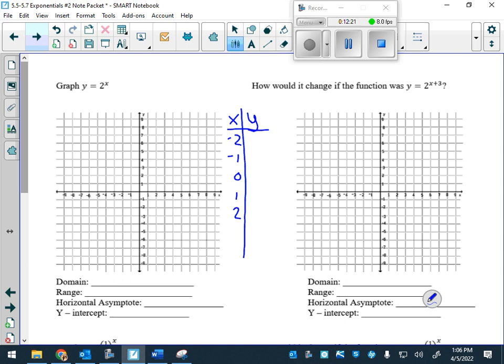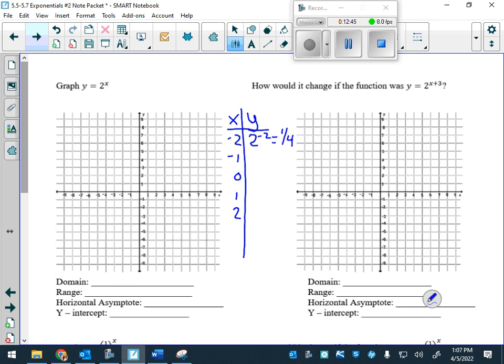All right, so we have 2 to the x and our table of values, -2 to 2. Okay, so if I substitute in my x values, I have 2 to the -2nd, which would be what? Esteban? 1/4. Excellent.